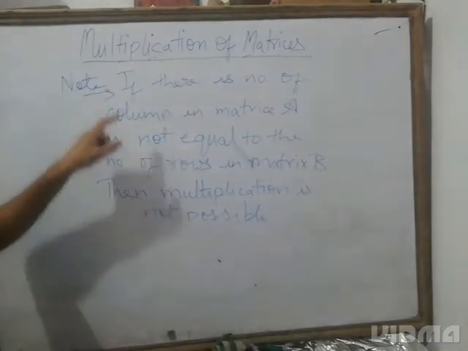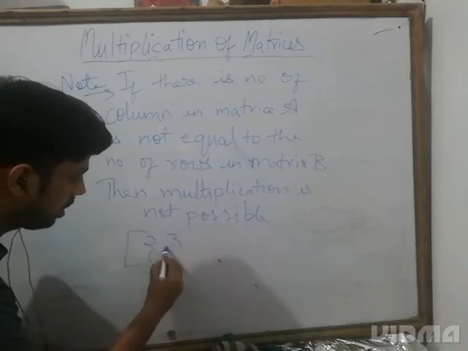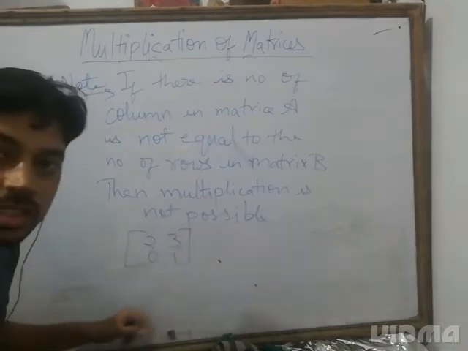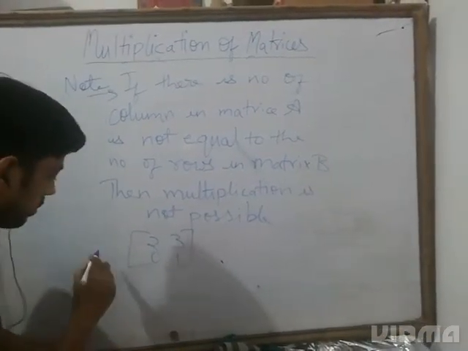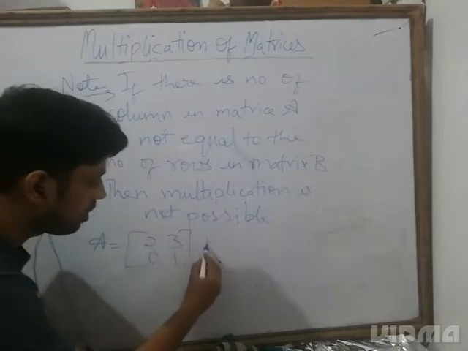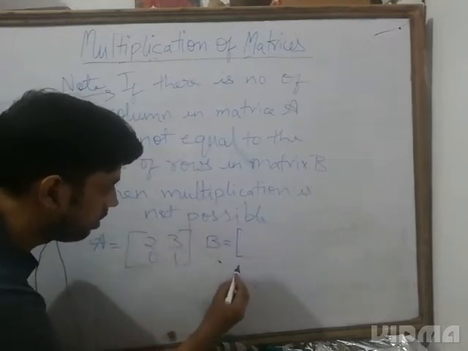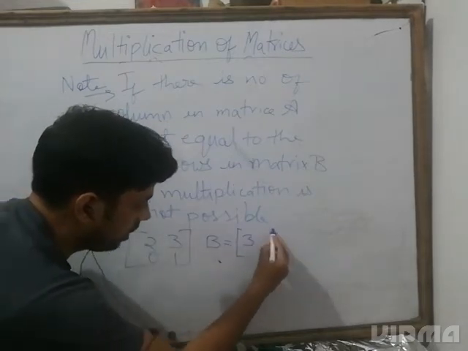Suppose this is our matrix A: 2 0 and 3 1. And B we will write as 3 and 1.